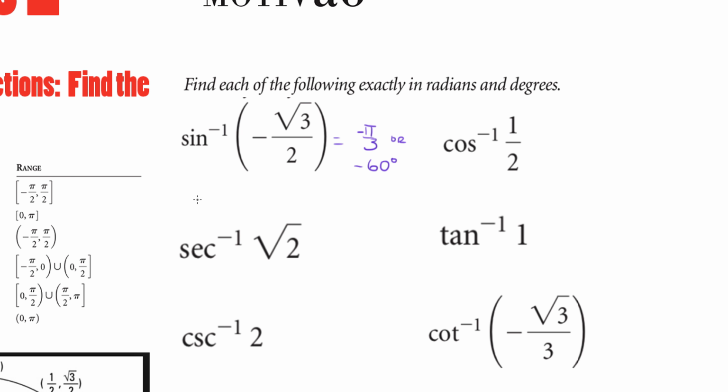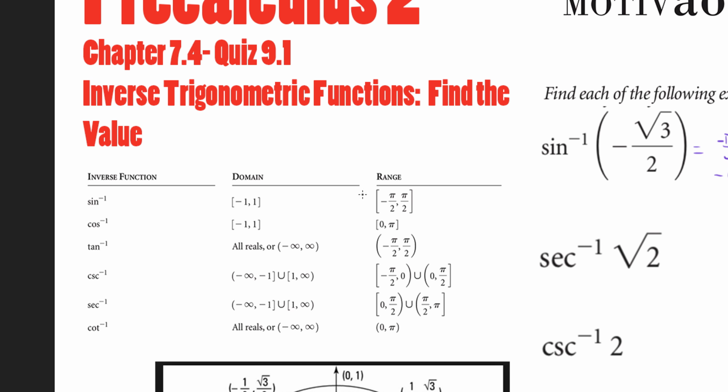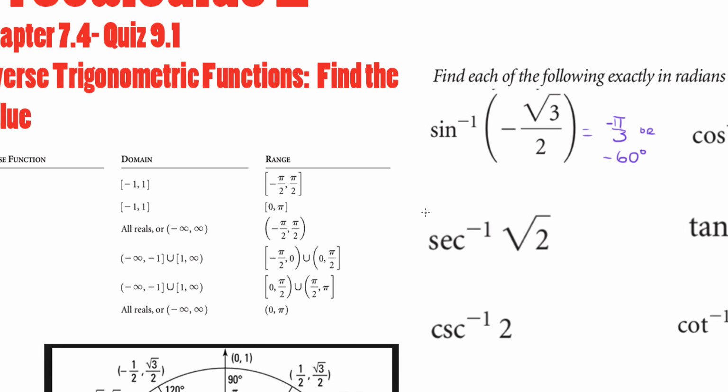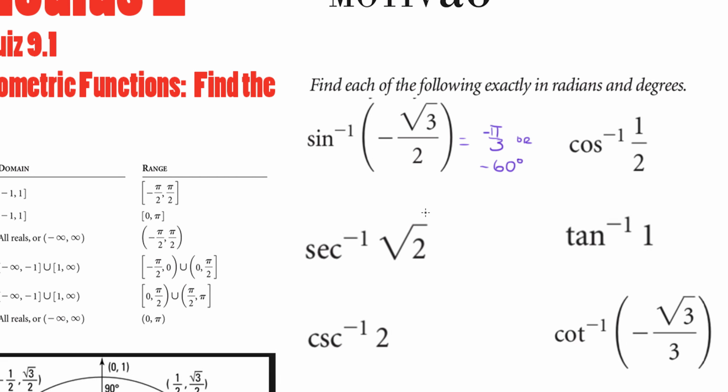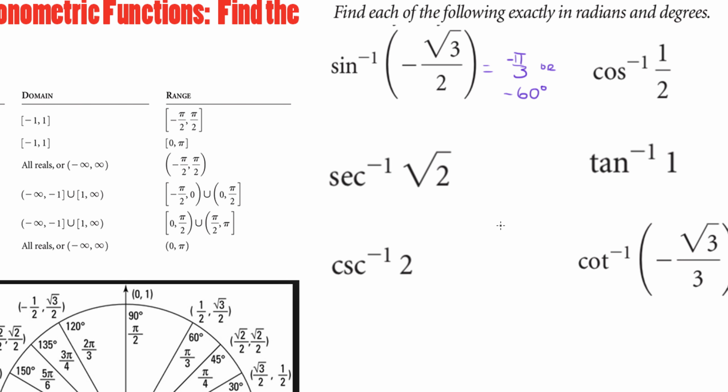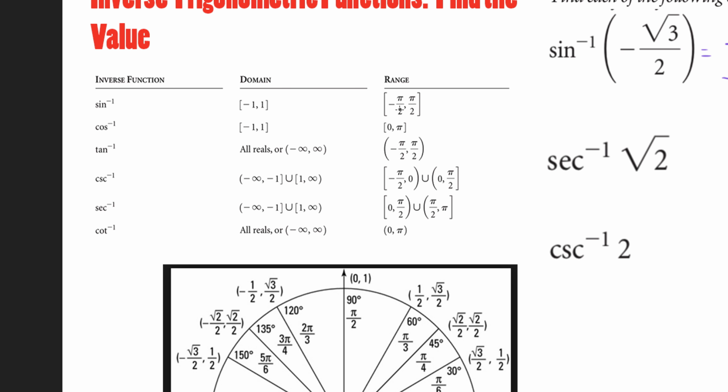Now it's very important that you write it like this, right? Because the range of sine inverse is between negative pi over 2 and pi over 2. If you get out of the range, then it's going to be undefined. Okay? Now, let's do the same thing for cosine inverse of 1/2. Well, what's the range of cosine inverse? It's from 0 to pi.